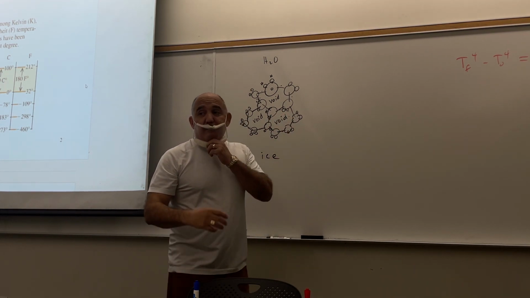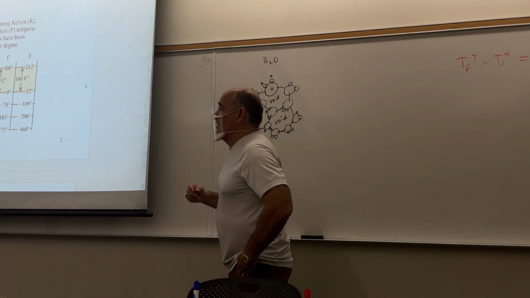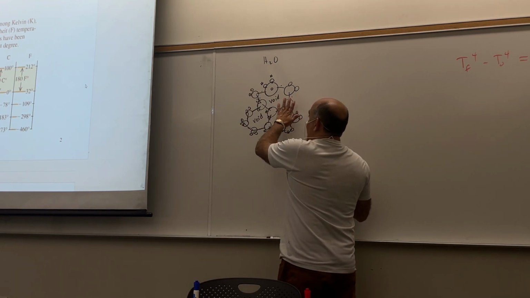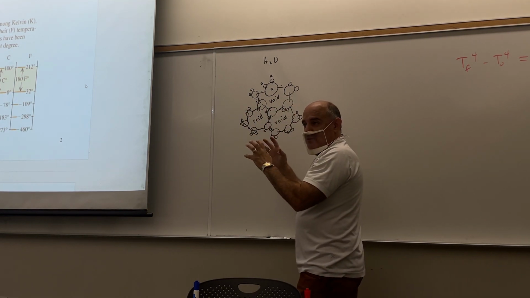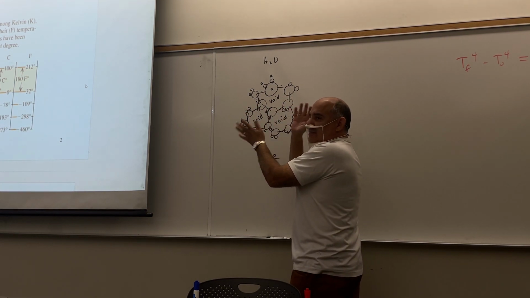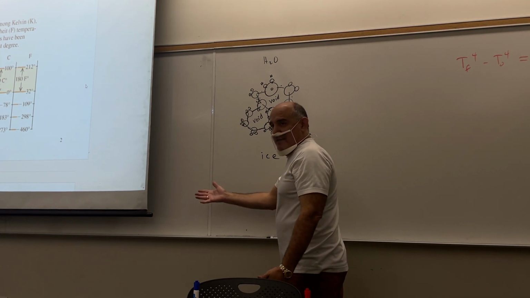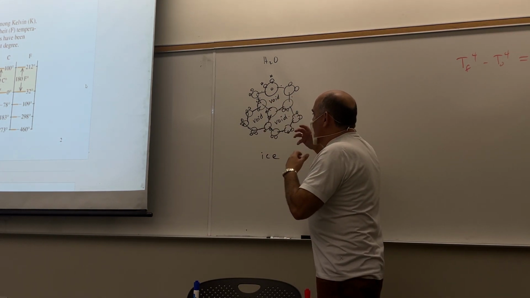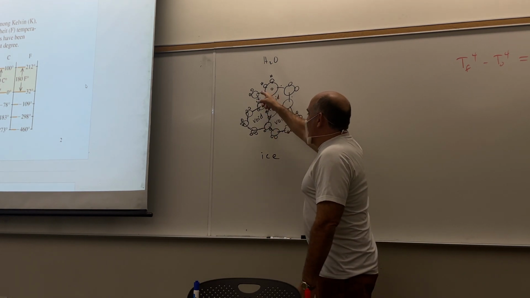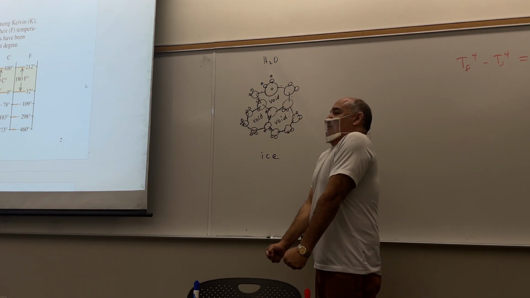Now, two things. One is that this hexagonal structure, 1, 2, 3, 4, 5, 6, is not all in a plane. It's really in 3 dimensions, so some of these are sticking out. It's just that I'm drawing on a plane. The other thing is, don't get the impression that these molecules are like a statue.